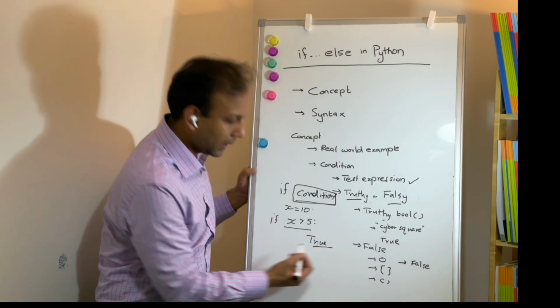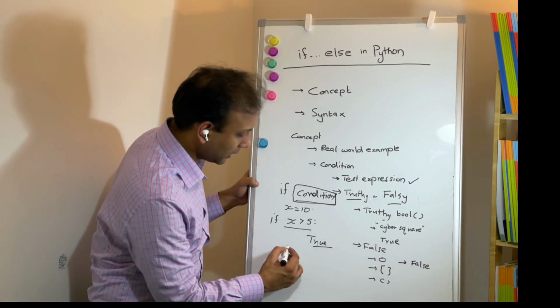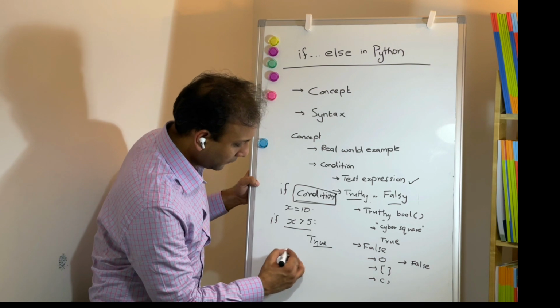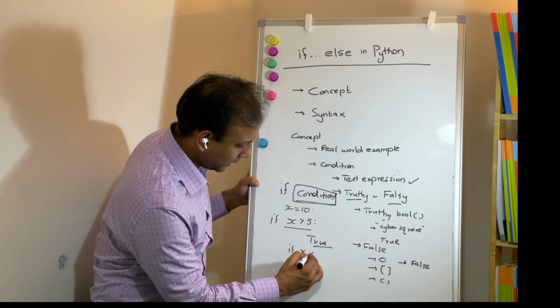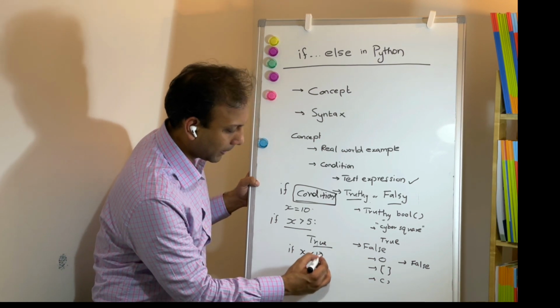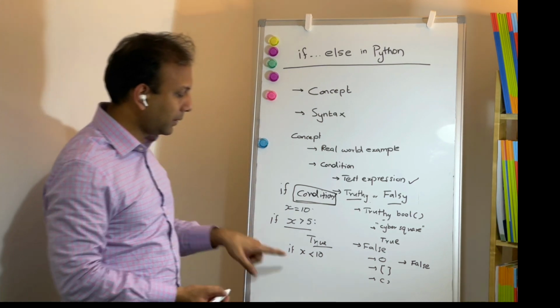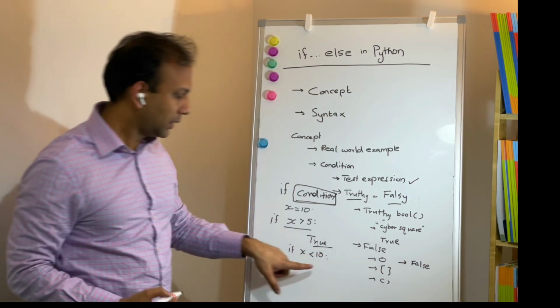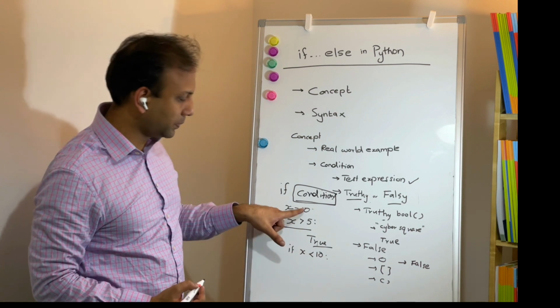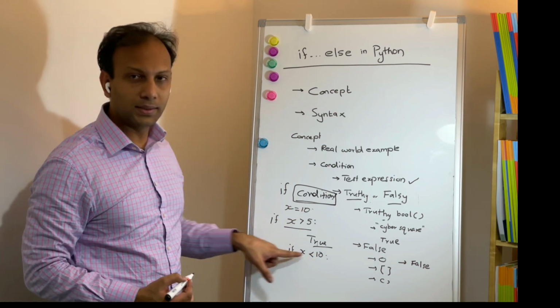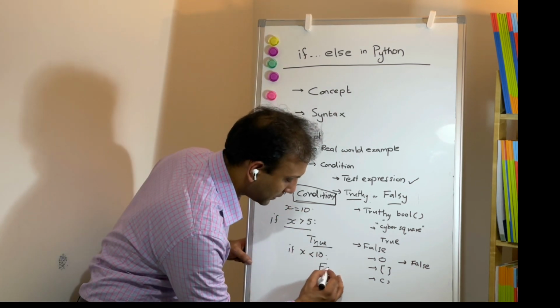Then you write another condition: if x less than 10, what will happen? It will check, and because the value is 10, it is not less than 10, so it will be false.